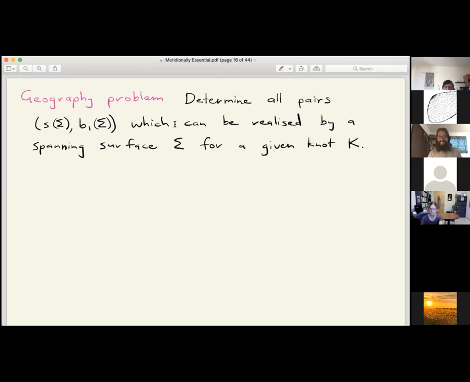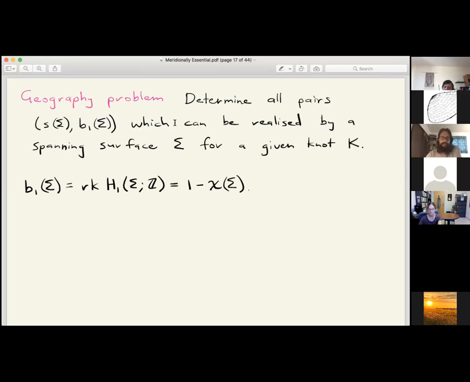Our version is much easier, but still interesting, I think. There's also some other geography problems in four manifolds, like, for example, complex surfaces. You might want to ask which pairs of first Chern number squared and second Chern number can be realized by surfaces. This is related to the 11/8 conjecture. There's a lot of these geography type problems in four manifolds. But we're interested in this one, which is in three manifolds.